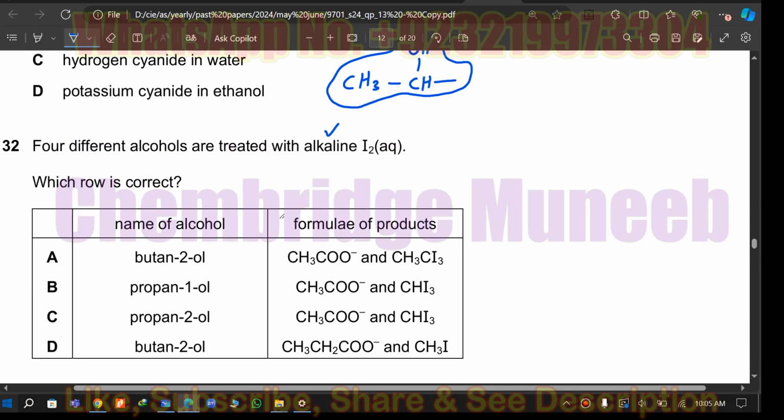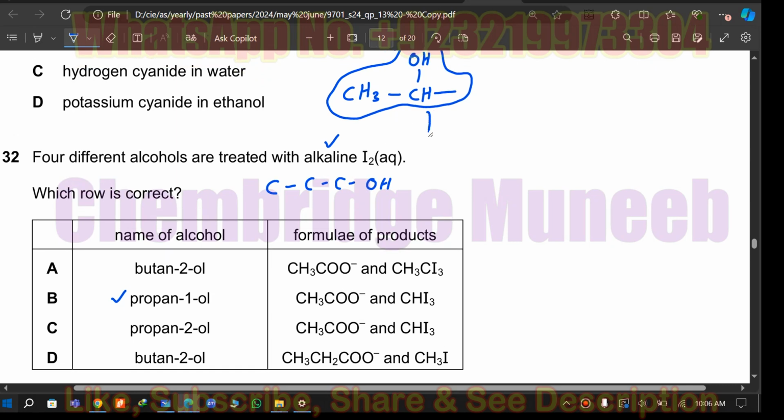Now let's check which of these alcohols can give this product. Over here, propane 1-ol. The structure of propane 1-ol is CCCOH. So this structure does not contain that group, which means propane 1-ol will not give you the product.